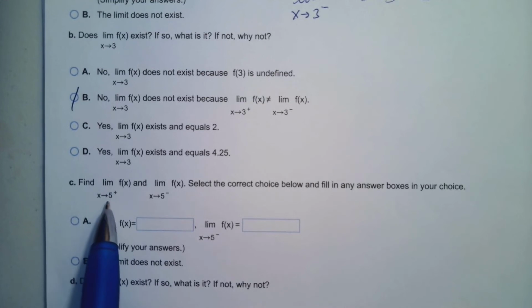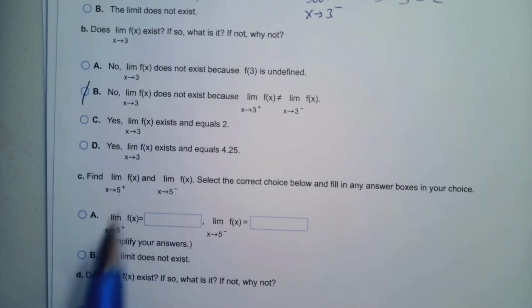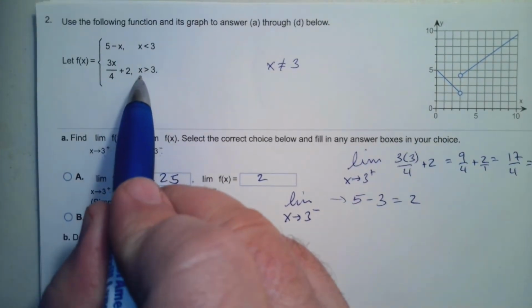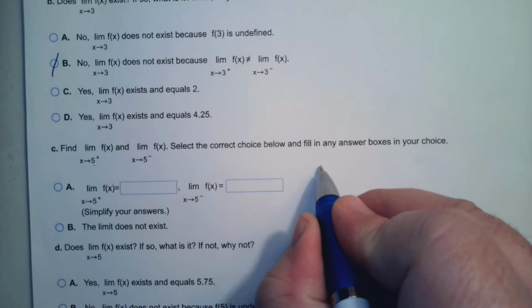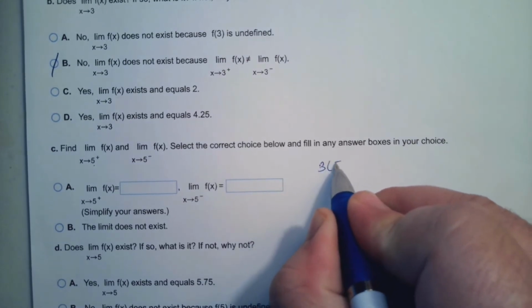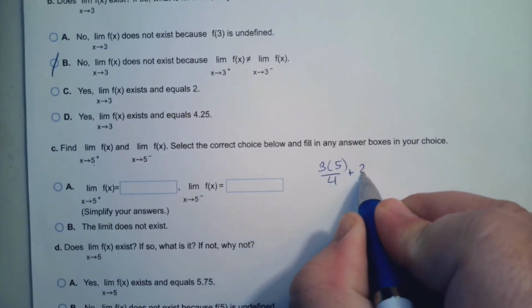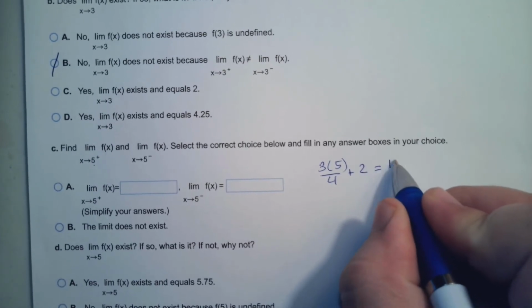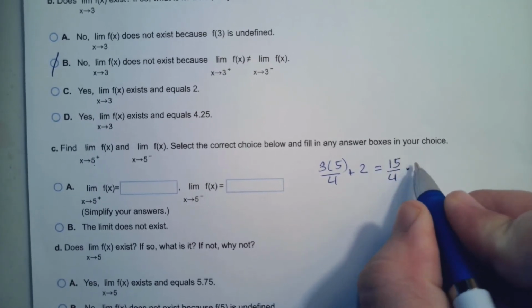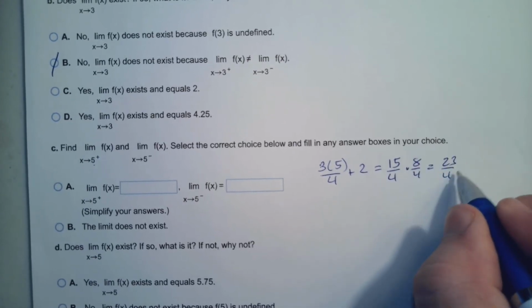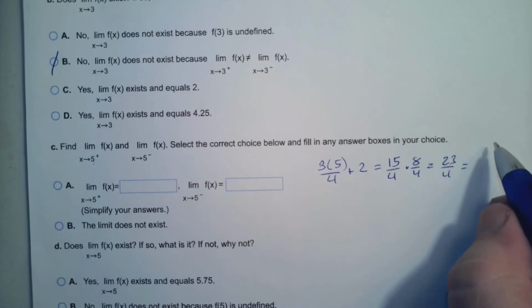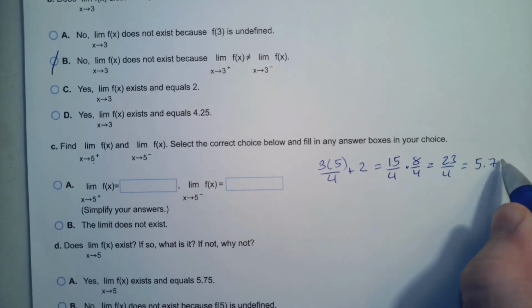Find the limit of f of x as x approaches 5 from the left and from the right. Since x is going to 5, that's bigger than 3, so we use this equation for both of them. So use 3 times 5 over 4 plus 2. 15 over 4 plus 8 over 4, 23 over 4 is 5.75.